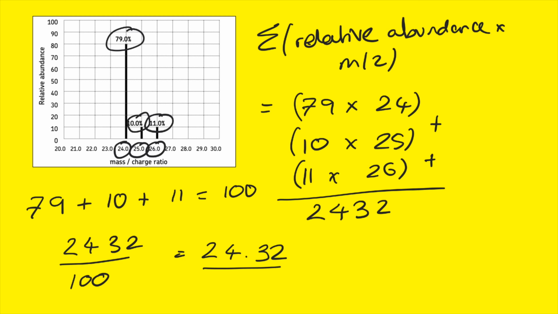All of the data for the mass to charge has one decimal place, so it's appropriate to give our answer to one decimal place, which is 24.3. You'll also notice on your periodic tables, all of the relative atomic masses are given to one decimal place, so that is definitely appropriate. So that is the answer, 24.3, and this is magnesium.